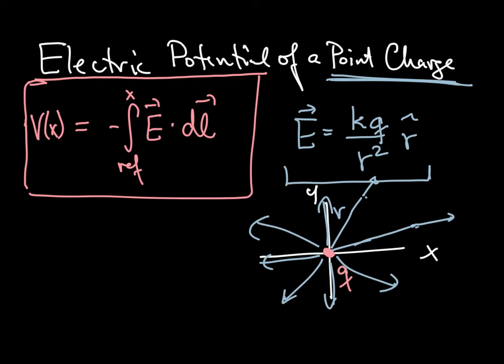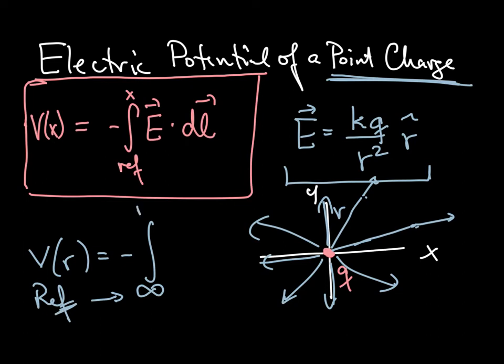The integral we're going to set up is that the voltage a distance r away from this point is minus the integral from infinity, remember, we said voltage was 0, this is our reference, to r of k q over r prime squared dr prime.